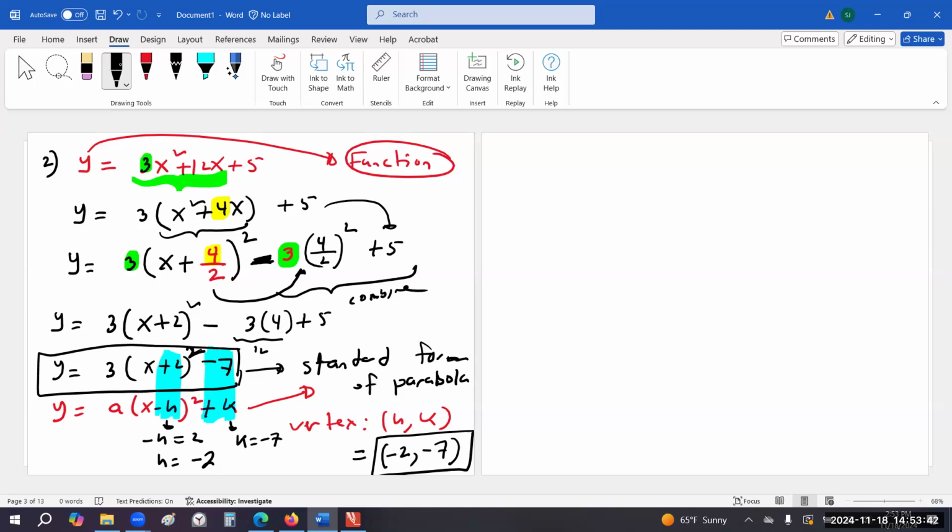Which one looks harder? Any suggestion? 4? Okay.